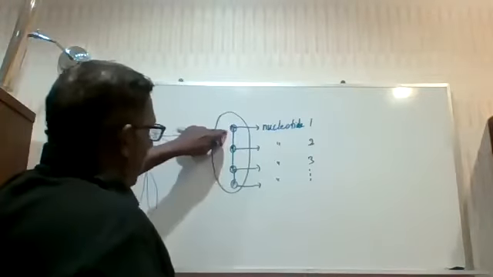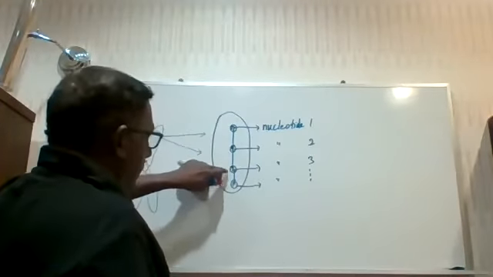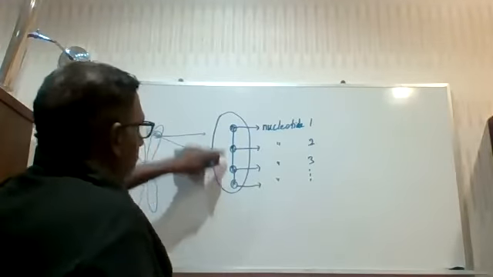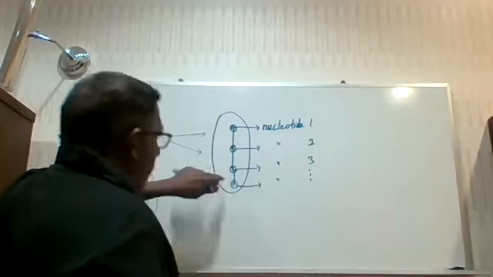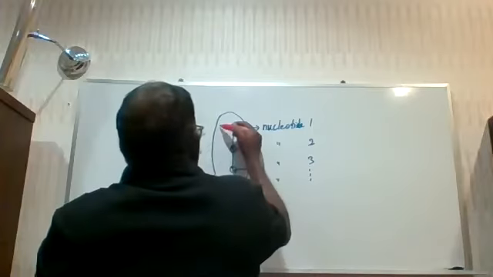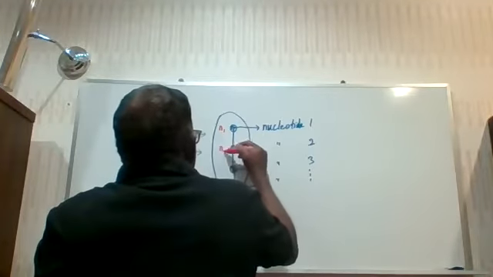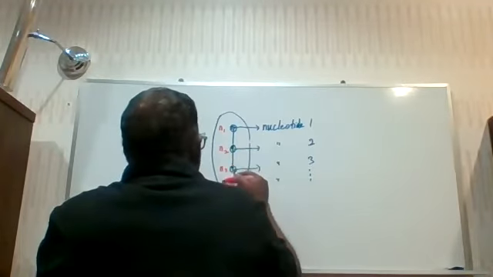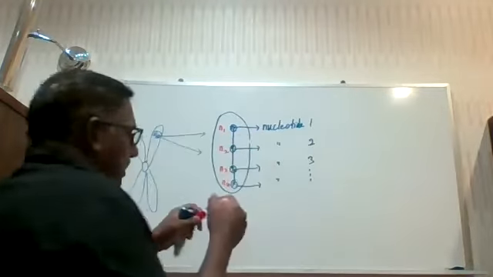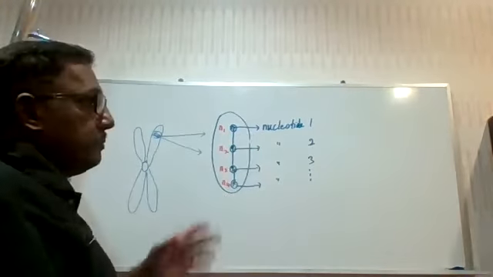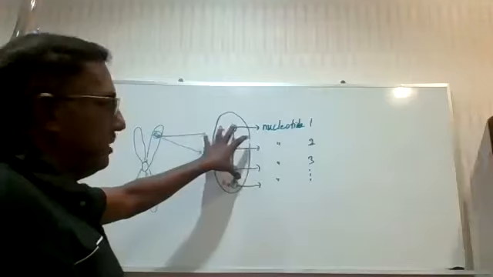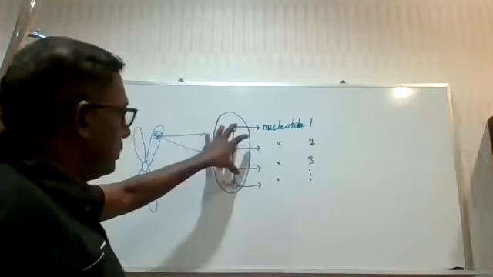So this can be adenine, this can be adenine, this can be guanine, it can be cytosine. So the sequence of the nitrogenous bases, let me simply put it as N1, N2, N3, N4, determines the function of the gene.